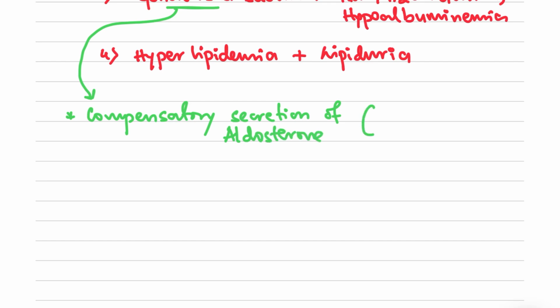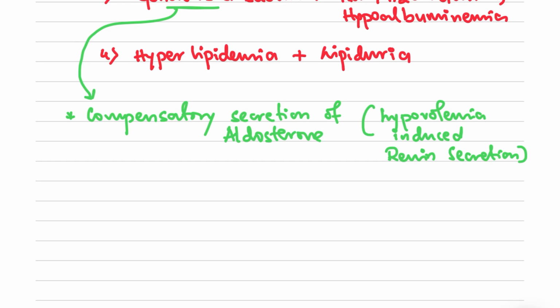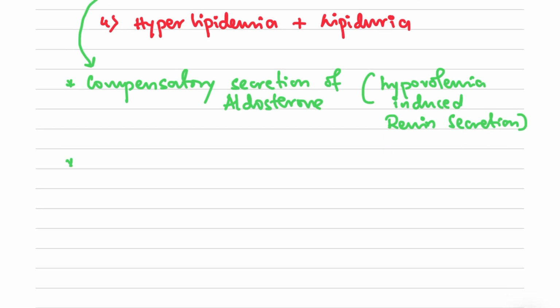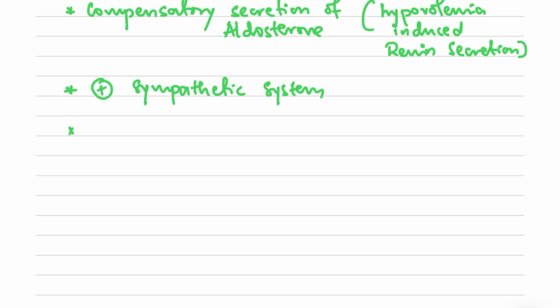This is because of hypovolemia-induced renin secretion. This is the major one contributing to it. The second reason is activation of the sympathetic system because of hypovolemia. The third reason is reduced ANP, atrial natriuretic peptide.